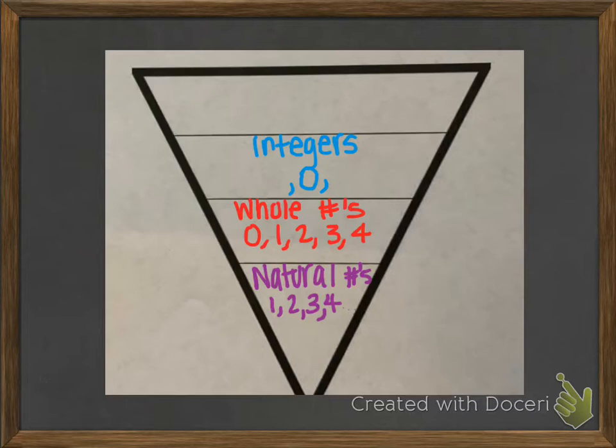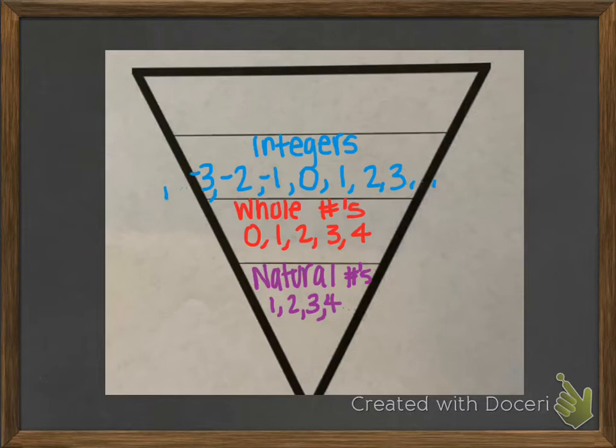So this is the first set where negative numbers are included. So we would have 1, -1 would be its opposite, 2, -2 would be its opposite, 3, and -3 would be its opposite, and so on and so forth.